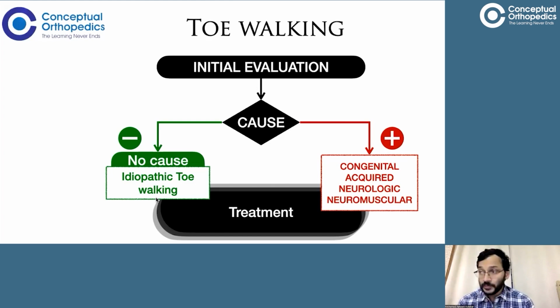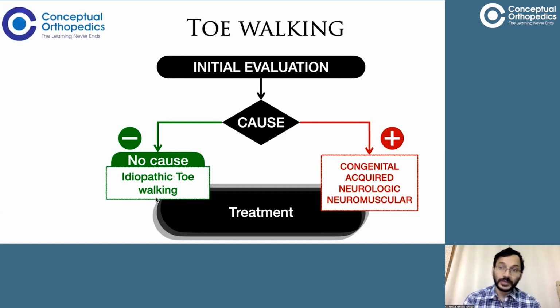One of the most common causes for toe walking seen in children would be spastic conditions like cerebral palsy. Whereas when we don't find any other organic causes, where it's not congenital, doesn't look acquired, is not neurologic, then it is called idiopathic toe walking.